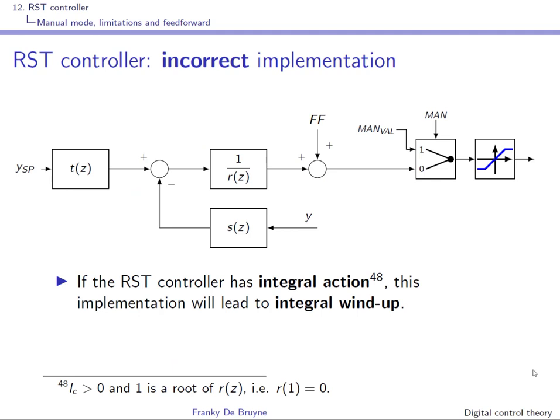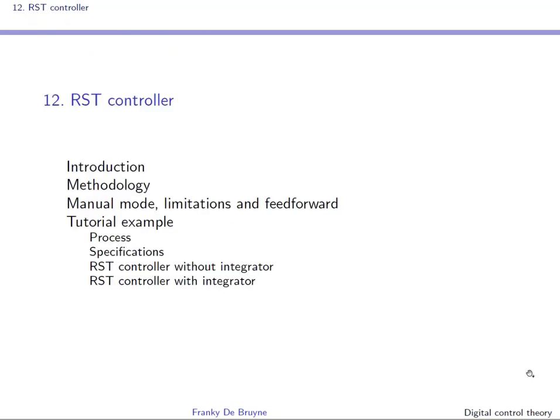The next topic concerns the correct implementation of the RST controller in the presence of manual mode, limitations, and feedforward. As you can see, this topic has given rise to a new subsection that you can find in the table of content.